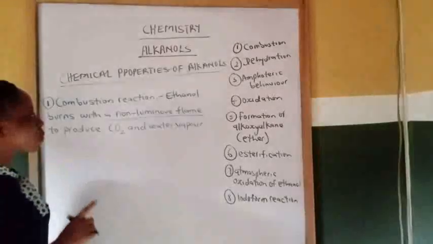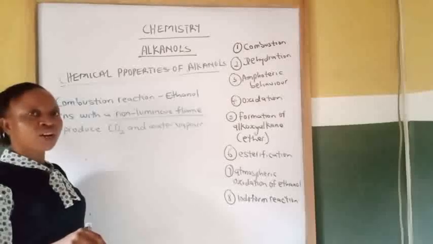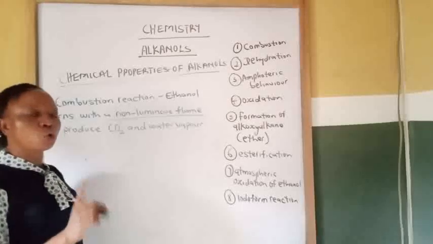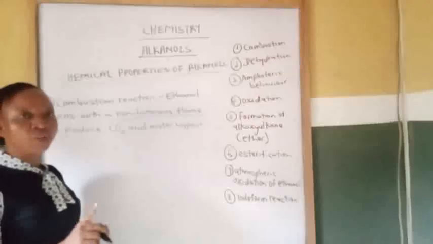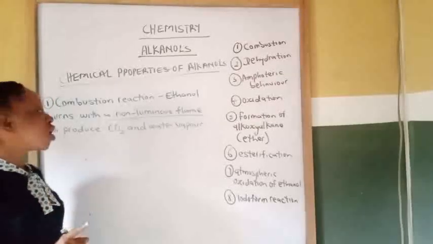So a non-luminous flame is hotter than a luminous flame. That is another difference between luminous and non-luminous. A non-luminous flame is hotter and more efficient than a luminous flame.